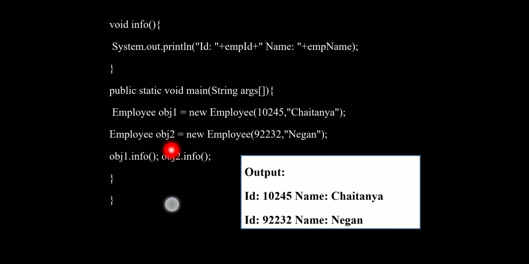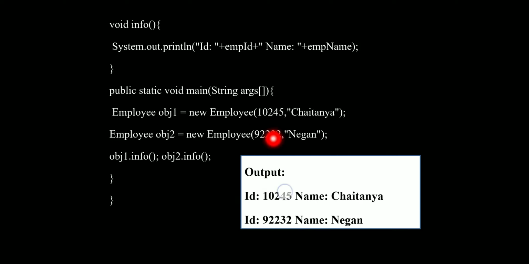And in obj2 we pass 92232 as the employee id and Negan as the name. With the help of the objects we call the info method: obj1.info, obj2.info, and at the end we close the method and the class.